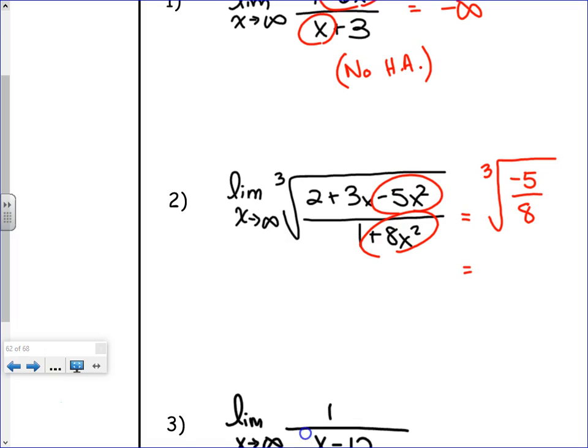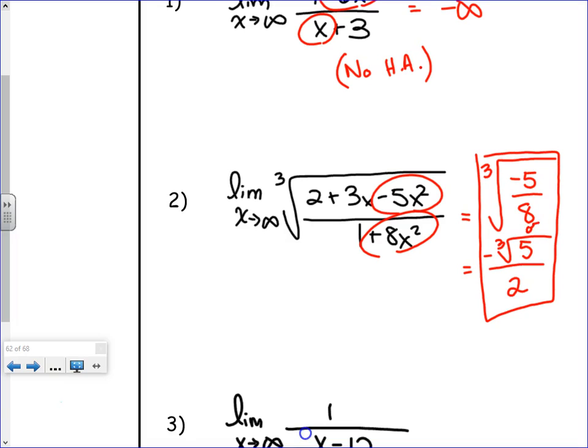And I could go ahead and say negative, because it's a cubed root, the negative's okay, and the cubed root of 8 is 2. But either of these answers are correct. Either one is good. Is there a horizontal asymptote? Yes. And where is it? At y equals either of these. They're the same thing.